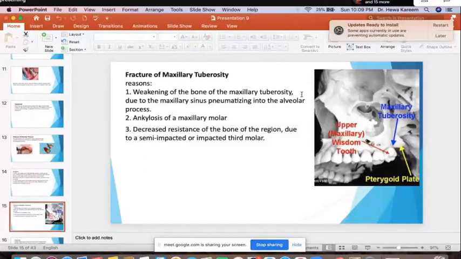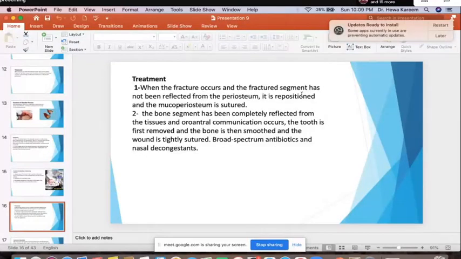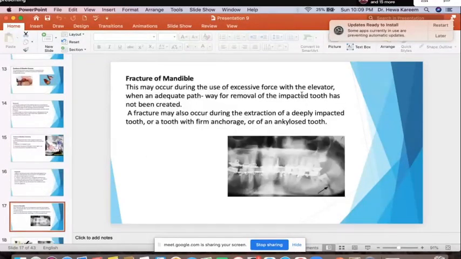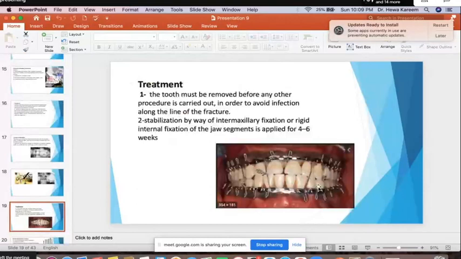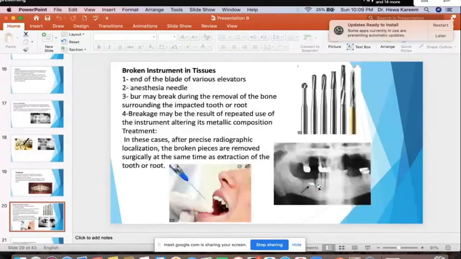Fracture of the maxillary tuberosity. Fracture of the mandible. Broken instrument: we have a broken needle, broken bur, or broken surgical bur.